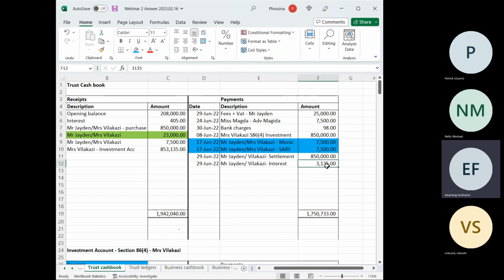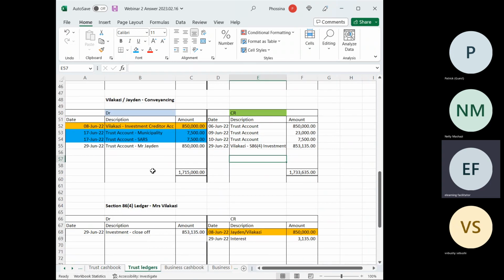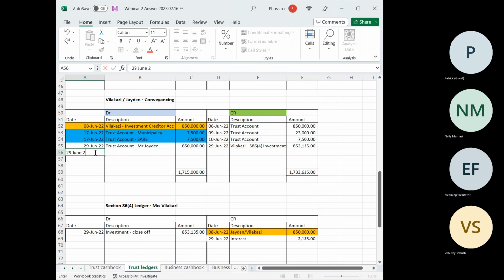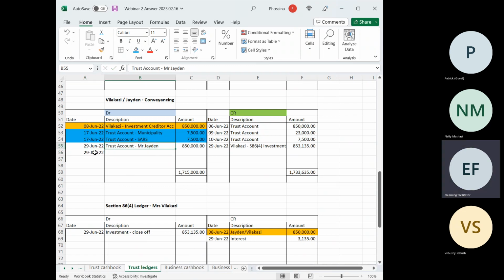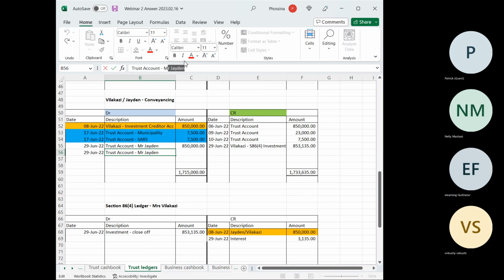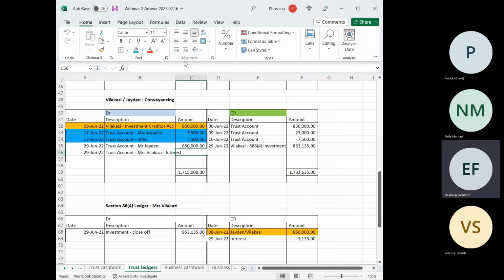So that is the interest that we are paying over to her. When we go to our trust ledger, we also come and record that we are paying her from our trust account. So it's Mrs. Vilakazi. So it's interest that we are paying, 3135.